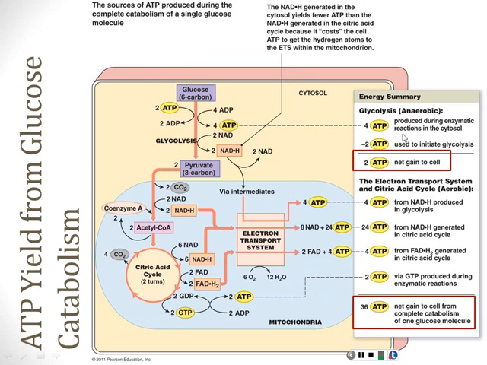So you can see that glycolysis is not very efficient compared to the aerobic system, what happens in the mitochondria. So, even though, yes, we can make ATP without oxygen, we make a lot more of it when there's oxygen around. So, grand total, this is the number I want you to know. 36 ATPs are made for each molecule of glucose.